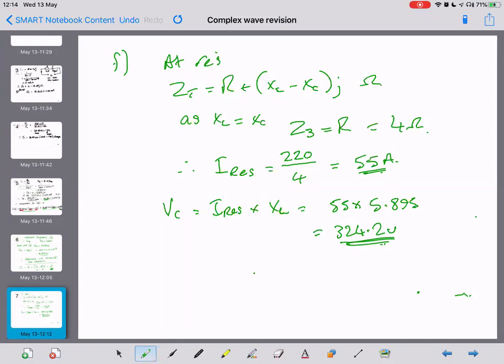In other examples, that could be very much higher, all dependent on the resistance. If you only had a resistance of an ohm, we'd be talking about 220 amps flowing at resonance. That's why you've got to be careful, because this can turn into thousands of volts quite easily.